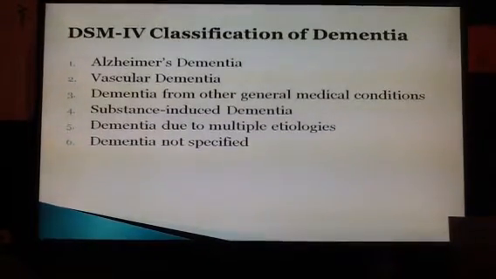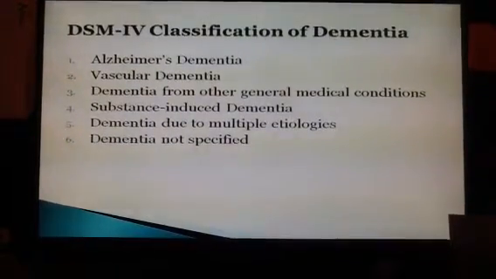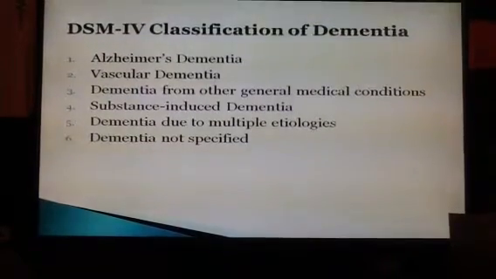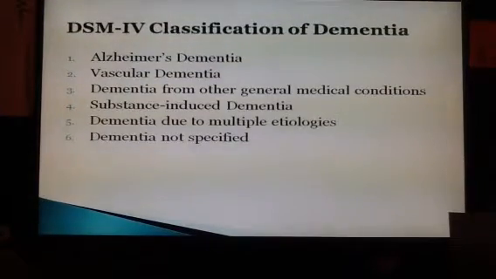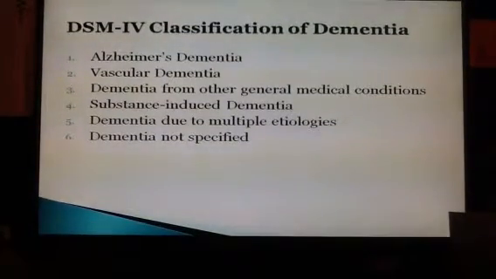DSM-IV classification of dementia. First is Alzheimer's dementia, vascular dementia, dementia from other general medical conditions, substance-induced dementia, dementia due to multiple etiologies, and the dementia not specified.